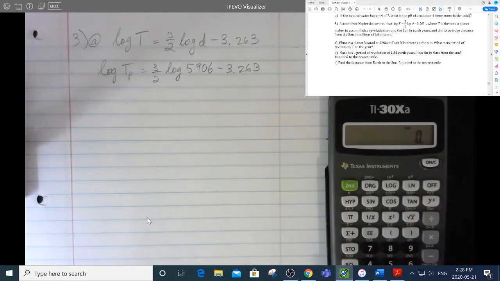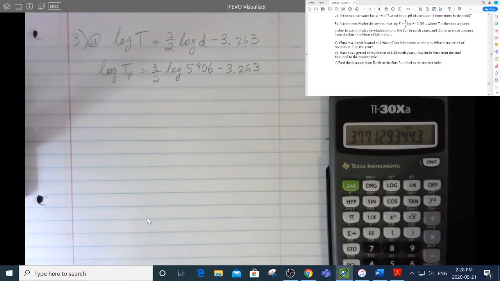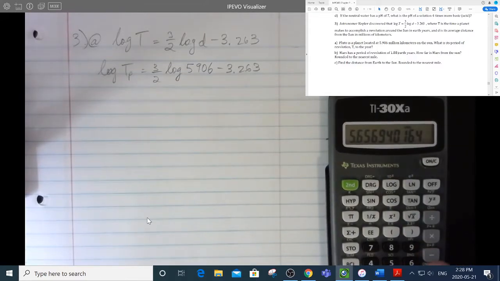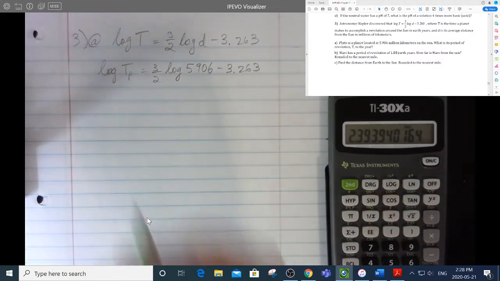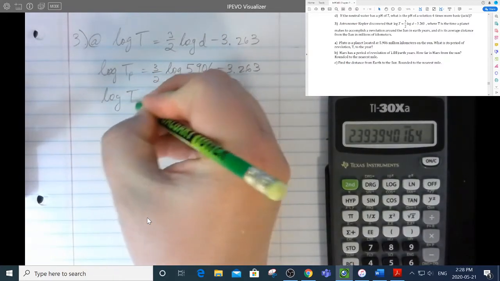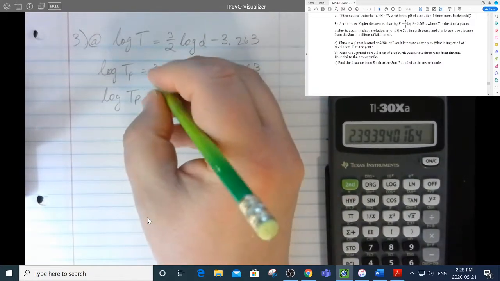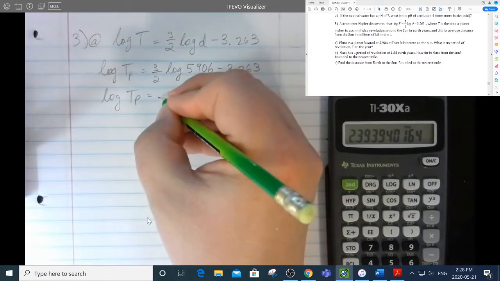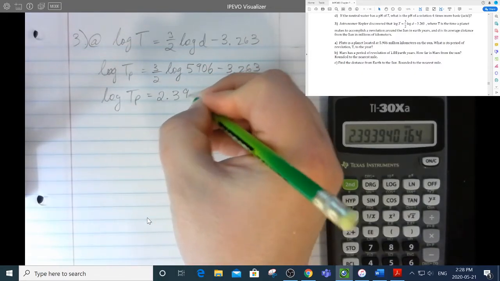At least I think something's gone wrong. 3 divided by 2 times 5906 logged minus 3.263, yeah, there we go. I must have punched something wrong the first time. That's the number I know I'm looking for. So the log of the period of Pluto's orbit is 2.39 blah, blah, blah.